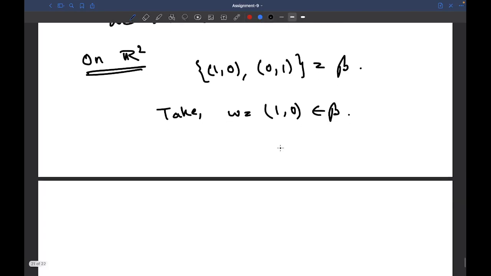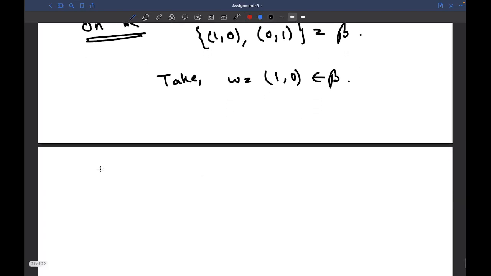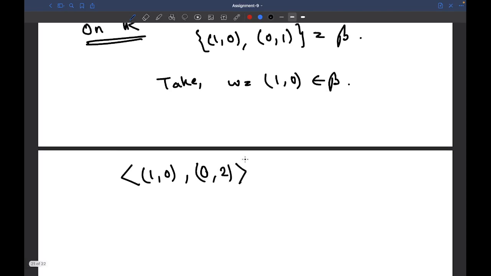This is in the basis set. Now compute this (1,0) with (0,2) with the usual inner product.